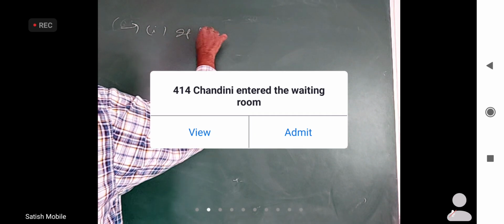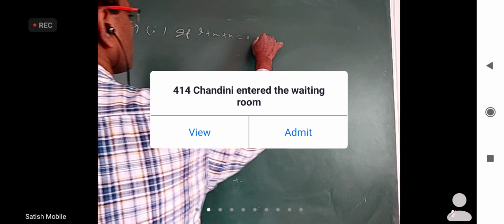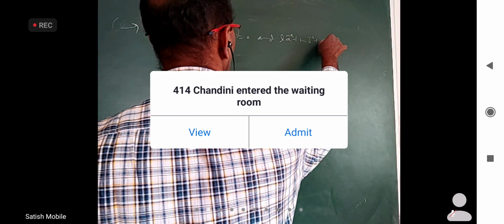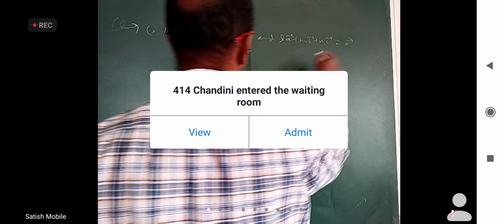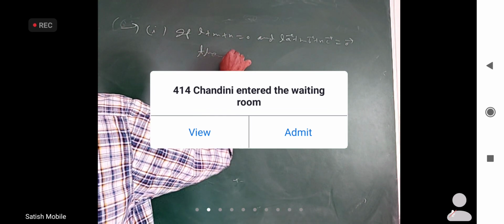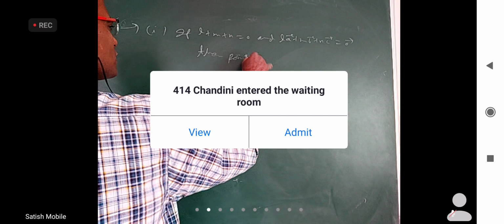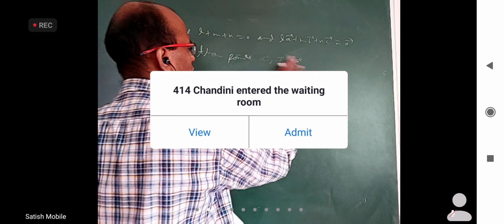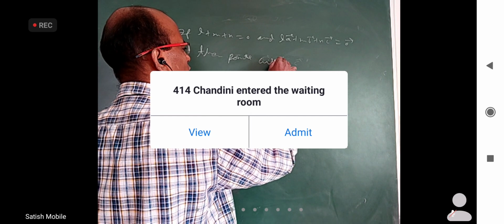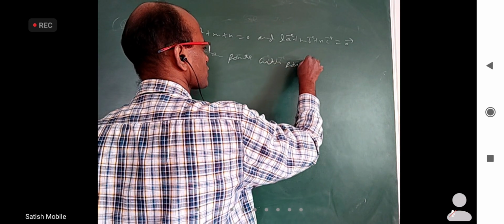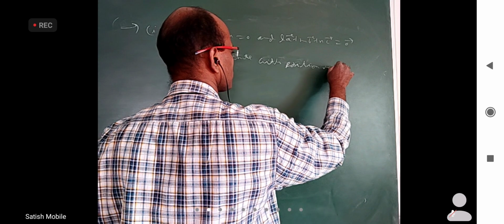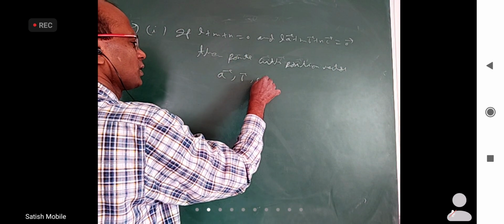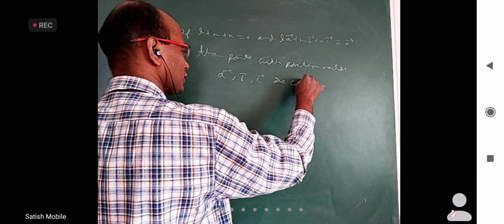If L plus M plus N equal to 0 and LA bar plus MB bar plus NC bar equal to 0 bar, then points, or I should say better word, points with position vectors A bar, B bar, C bar are collinear.